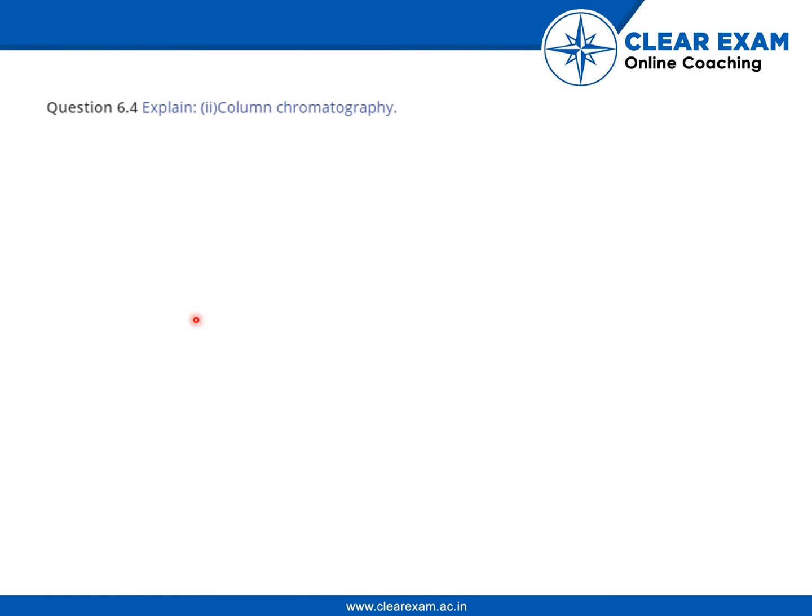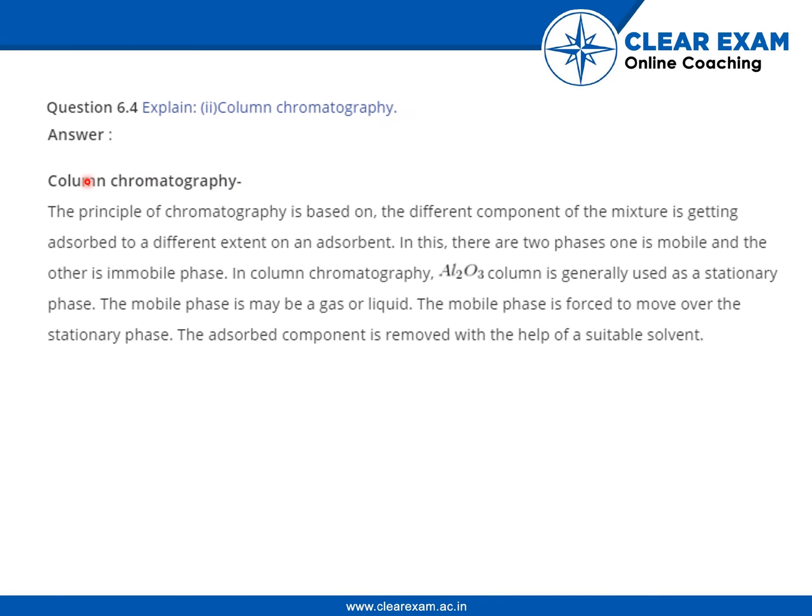Moving on to the second part of the question, column chromatography. So you might have learned a bit about chromatography in your class 10th syllabus. Basically, the principle of column chromatography is that the different components of the mixture get adsorbed to a different extent on an adsorbent.